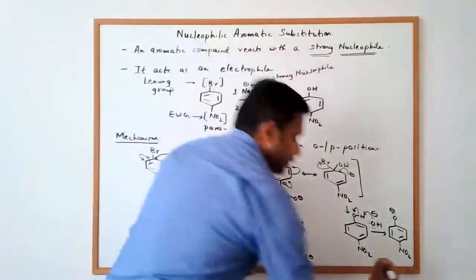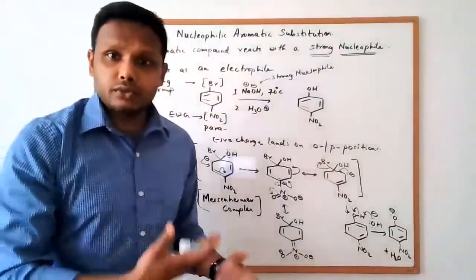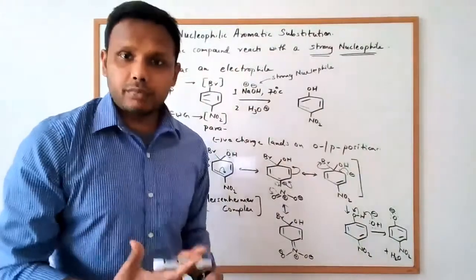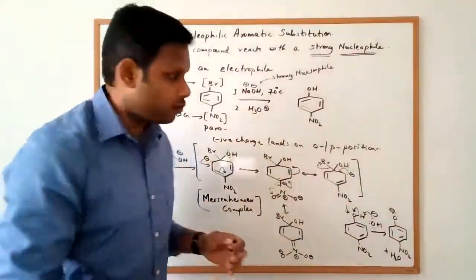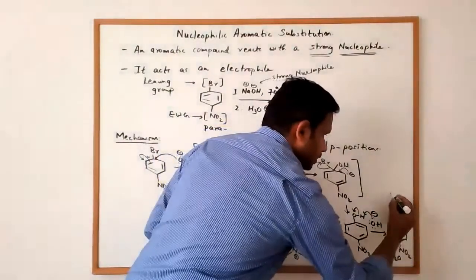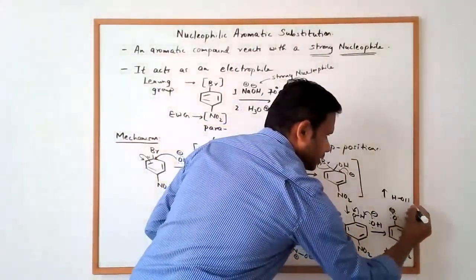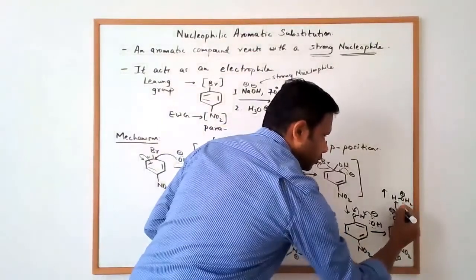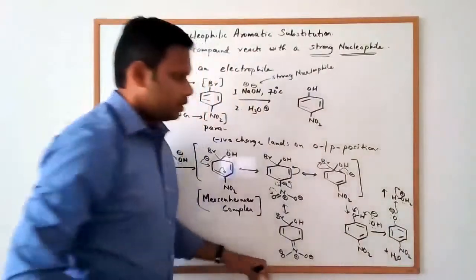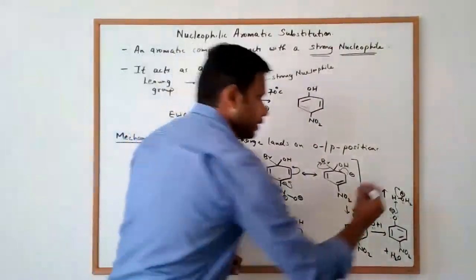So this paranitrophenolate ion needs to be reprotonated to get the product. So that's why we do the second step, which is the acidic workup. Because when we take this paranitrophenolate ion and we do an acidic workup on it, then we are reprotonating that phenolate or putting the proton back on the phenolate.